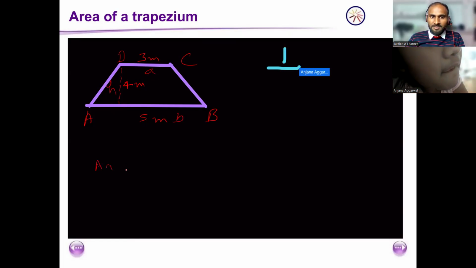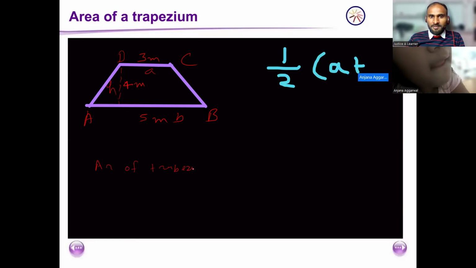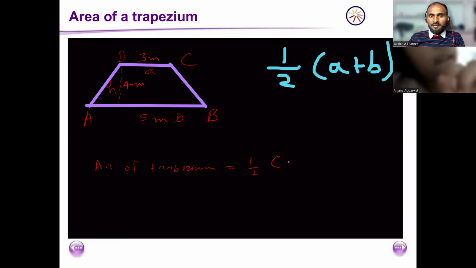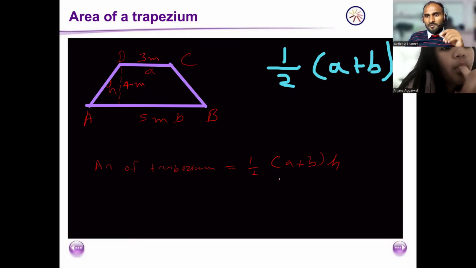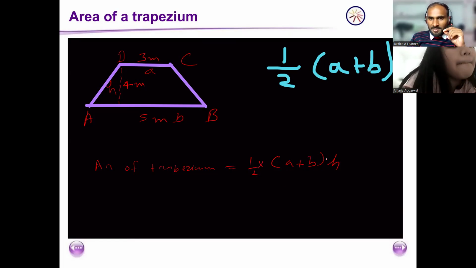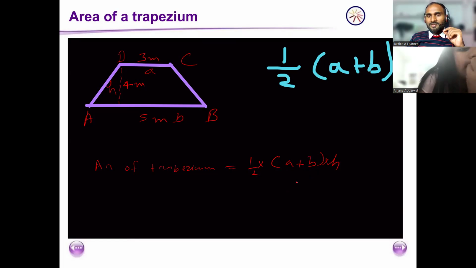Area of trapezium is one half, A plus B, and this is H. It means it is into. I told you already, when there is no symbol for these kinds of elements, you may call it multiplication, right? Yes. Go ahead and solve this.